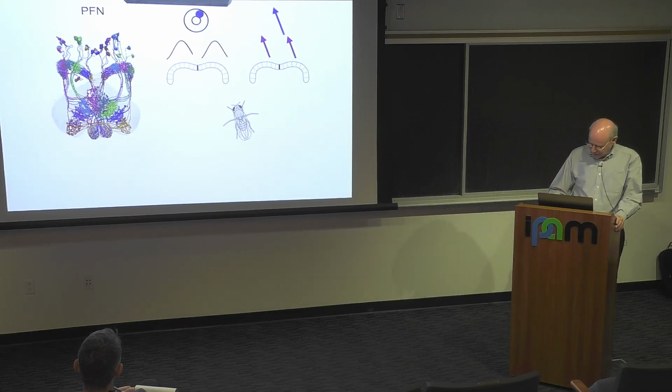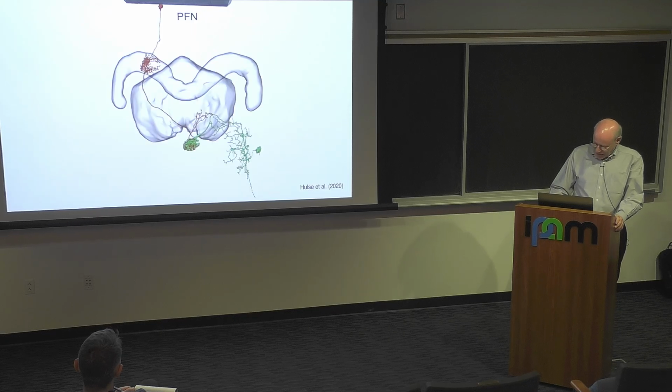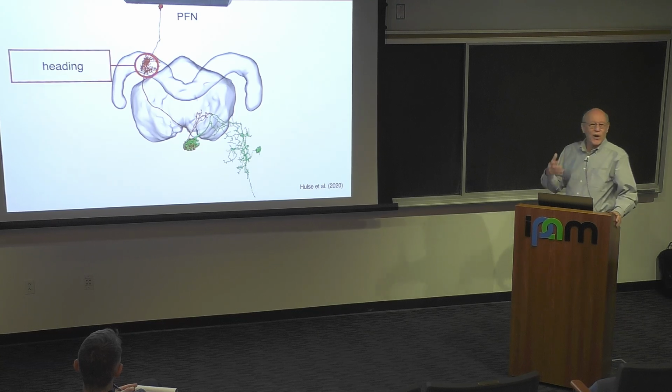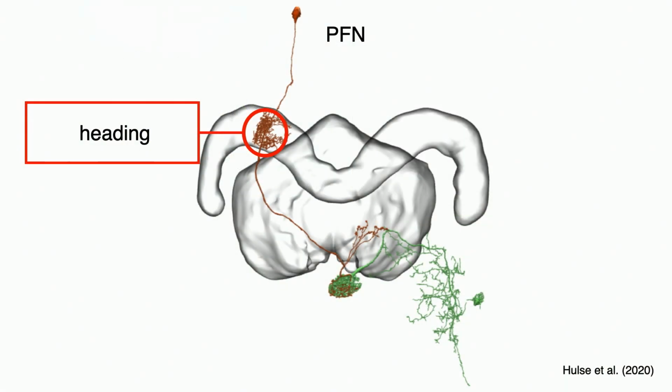Sorry, we've got to go through all this over again. Here's one of them. And you can see, this is where it picks up the heading signal. This is the theta out, right? This particular PFN picks up its heading signal at a particular theta out given by wherever it is in the protocerebral bridge.